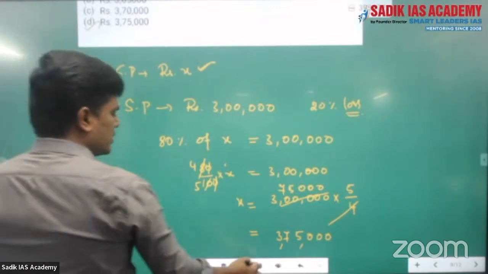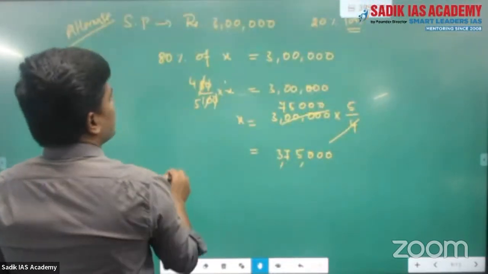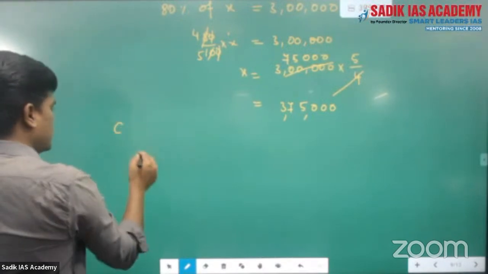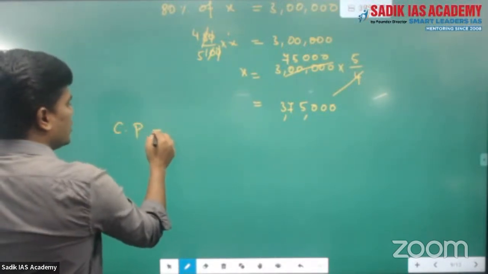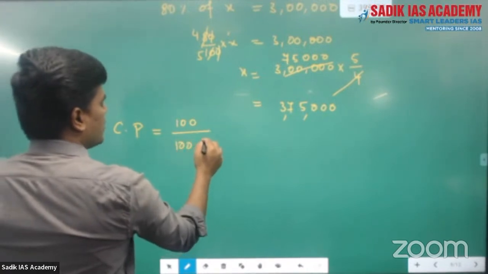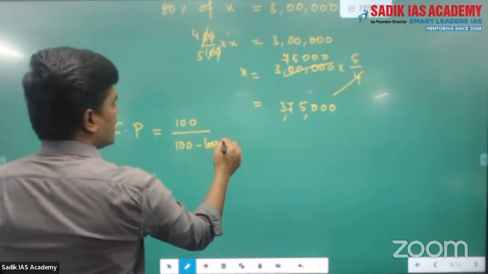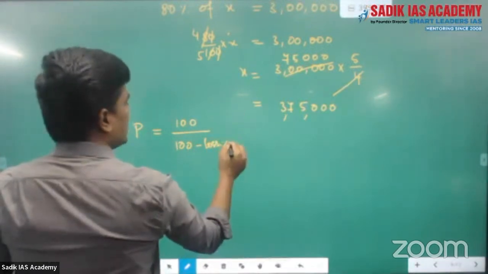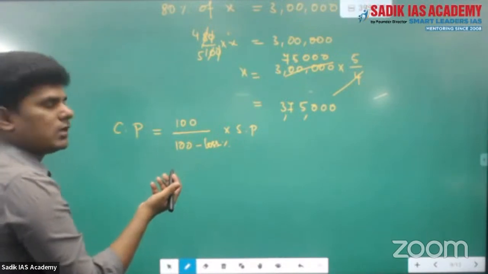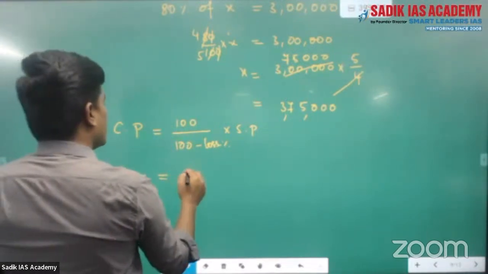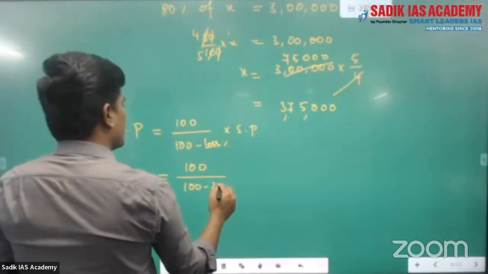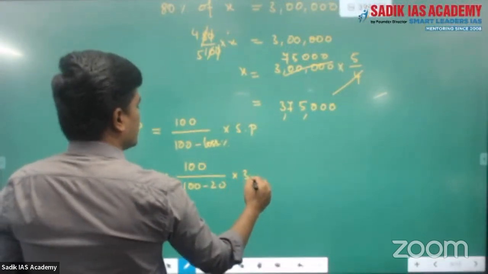The normal or conventional method for this one, since it is falling under profit and loss, if you want to find the cost price when you know the loss percentage, is this formula: 100 divided by 100 minus loss percentage, into the selling price. Using this formula, 100 divided by 100 minus 20, into the selling price 3 lakh.